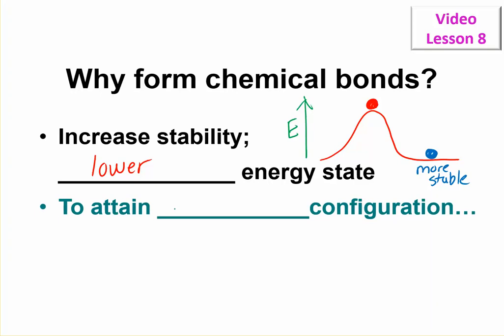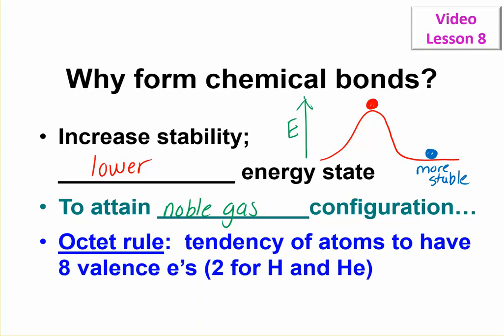If they have an electron configuration that's like a noble gas. That means 8 valence electrons for most of them, but the really small ones are happy with 2 electrons like helium. So that's where we get the word, the octet rule.